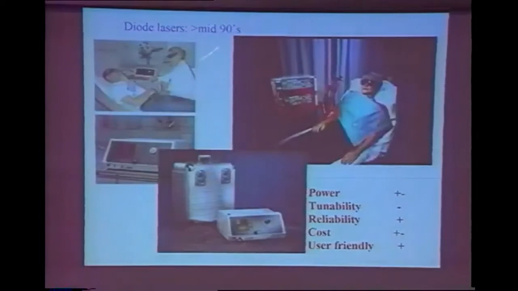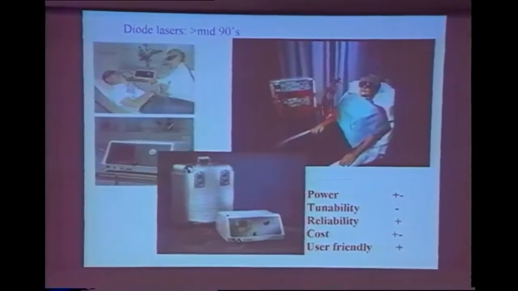In the mid 90s or so, diode lasers were introduced, with various systems here. Compact, optical fiber delivery, don't require water cooling. Reasonable power, not as much as you could get from the big frame lasers, but 2 or 3 watts. Big disadvantage is not tunable, and still relatively expensive.